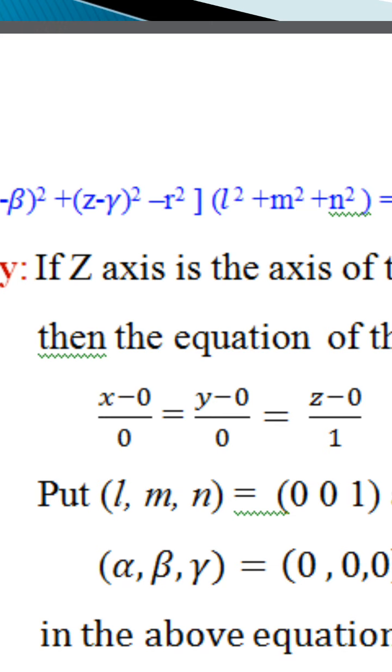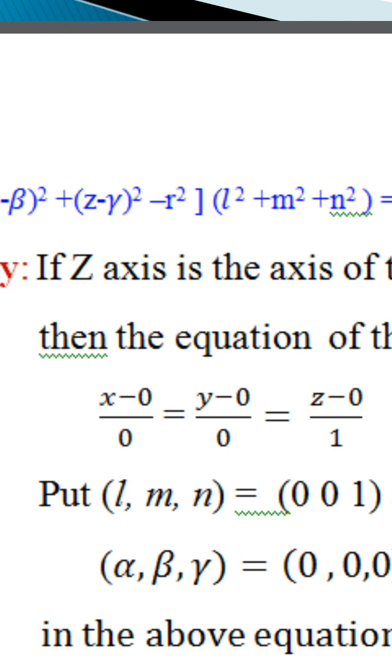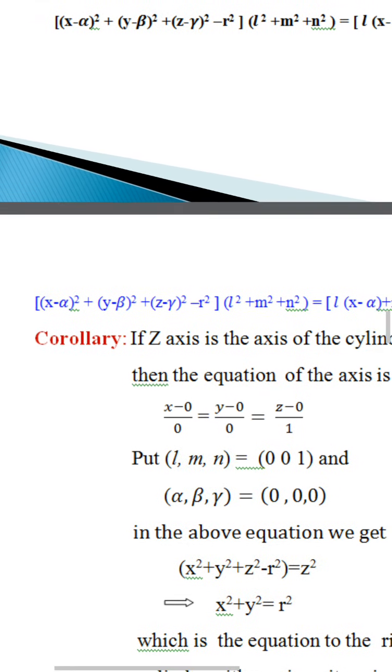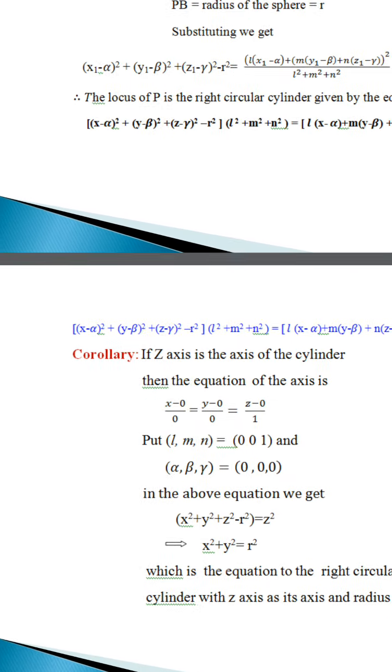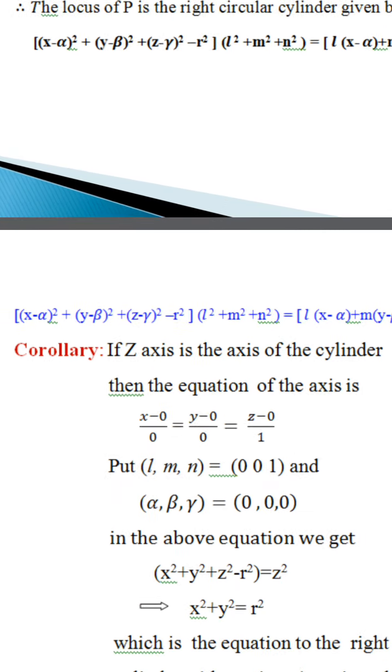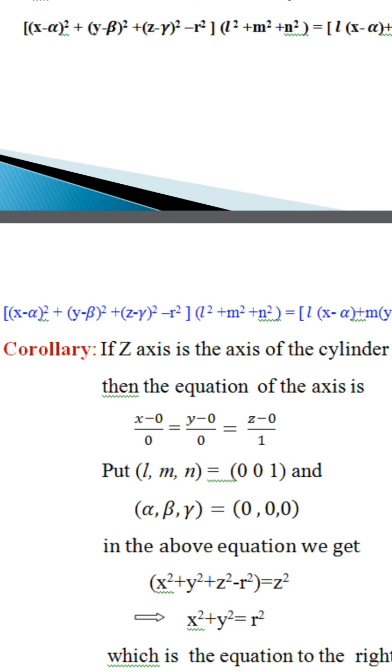So here, what are l, m, n? l, m, n are 0, 0, 1. And what are alpha, beta, gamma? That is the point 0, 0, 0. Now, let us recall the equation of the right circular cylinder. Just now we have proved the equation of the right circular cylinder is this one. Very simple.